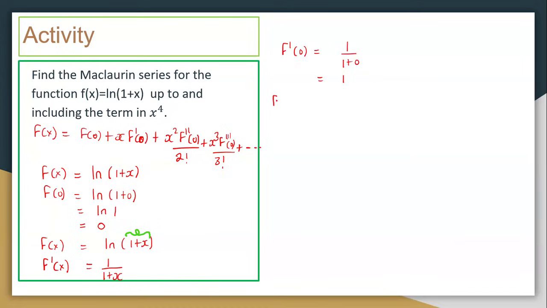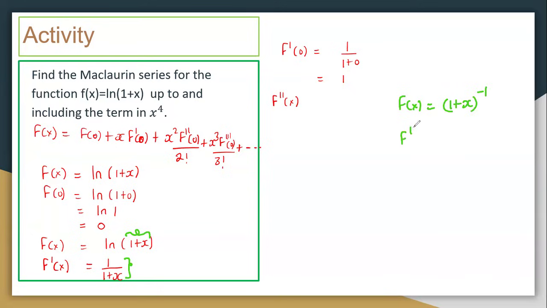Then we continue to f prime prime of x. When you look at this function very well, it is up to you to use which approach you want to use. I can decide to write it in this format of 1 plus x, everything power negative 1.